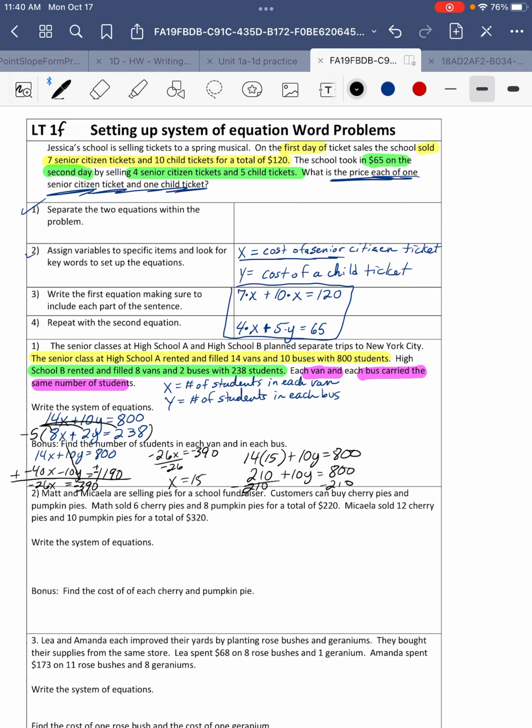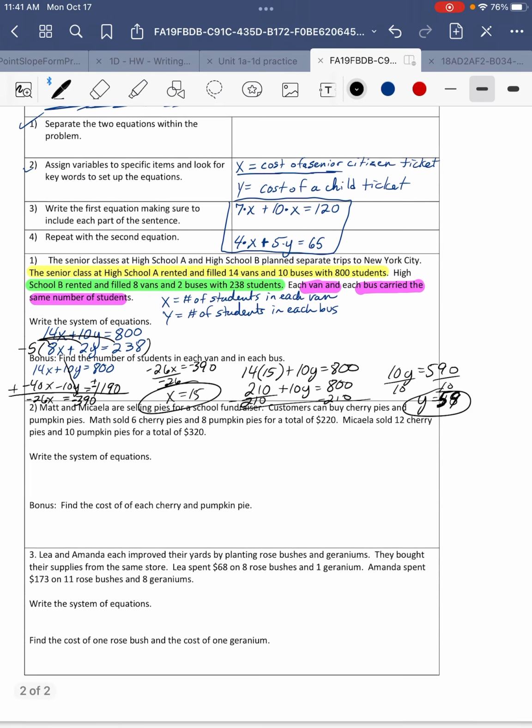Minus 210, minus 210, I'm going to get 590. Divide by 10, and we get y is equal to 59. What in the world kind of math is that? 59. So number of students in each bus, 59. Number of students in a van, 15.